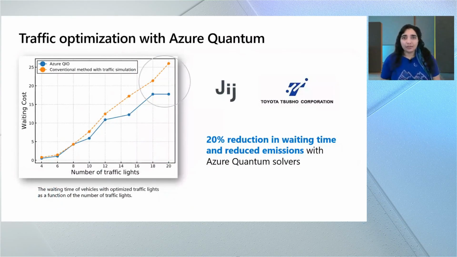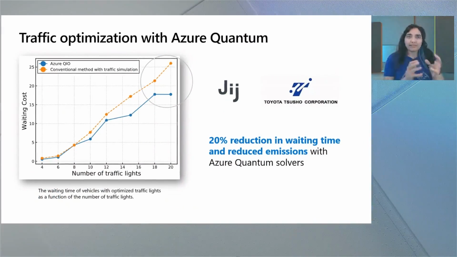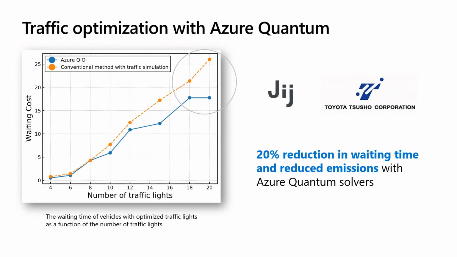The first thing they do is they map that frustrating waiting time to a waiting cost. And that enables them to express the problem in a format that's a special type of optimization problem known as a polynomial unconstrained binary optimization, or PUBO.